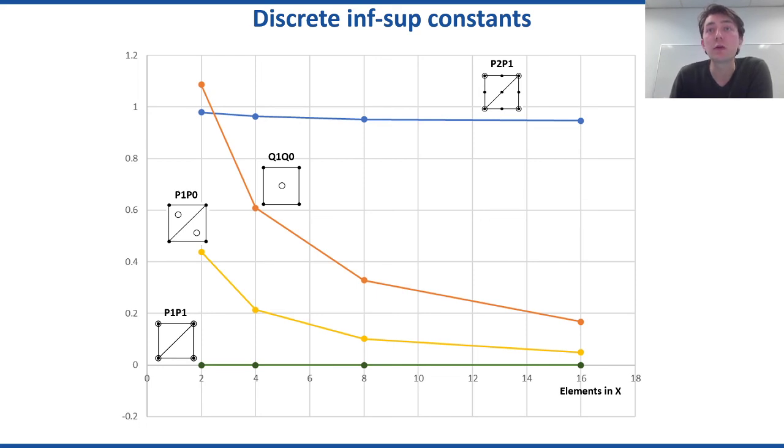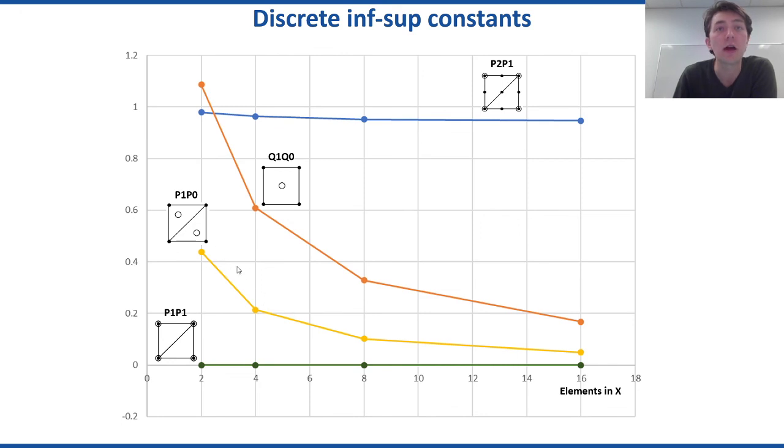So this confirms pretty much exactly what we hoped to get. For our locking element, which is P1, P0, we get an eigenvalue that decreases at the rate of h. You can see here you have 0.45, 0.225, 0.1125, something like this.